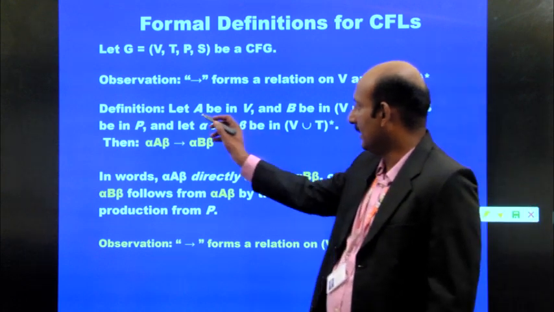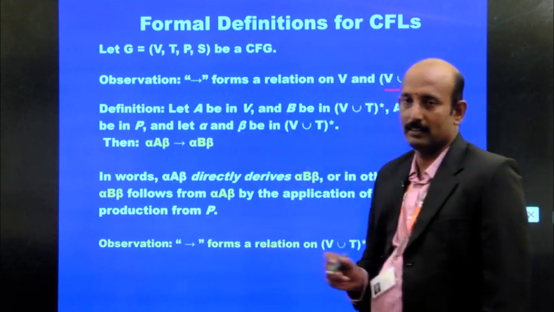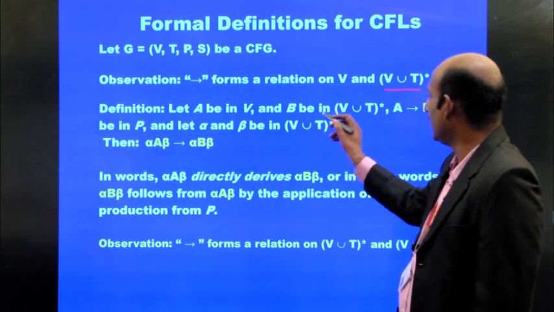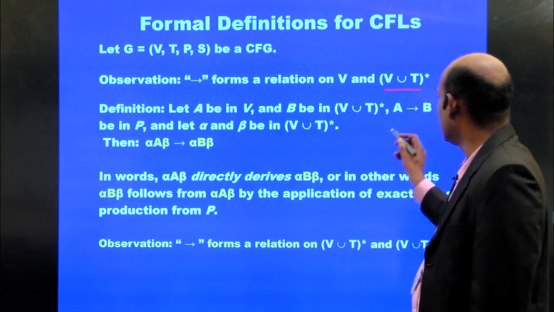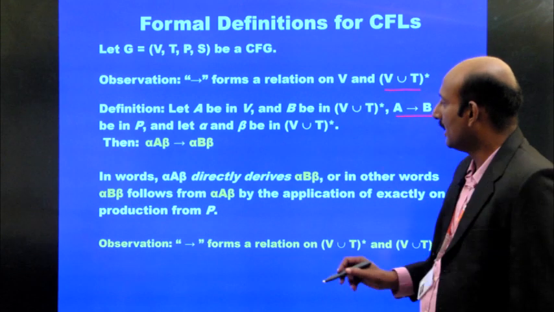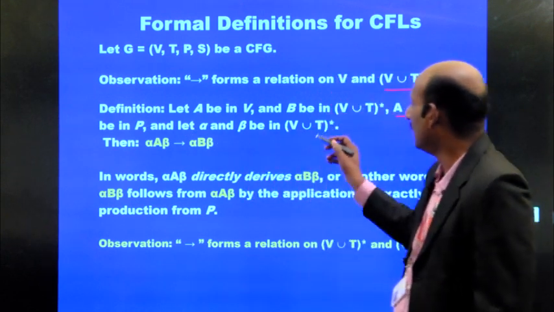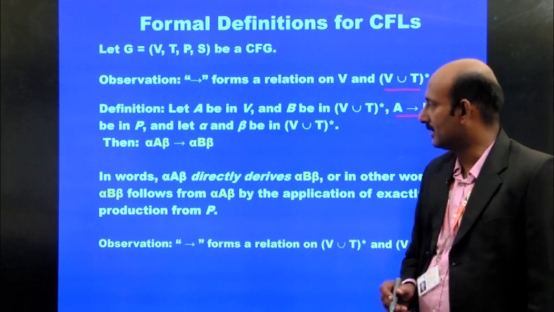So let A be in V and B in V union T star, then A implies B is in P, and let alpha and beta be in V union T star.